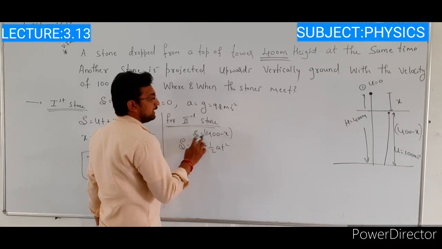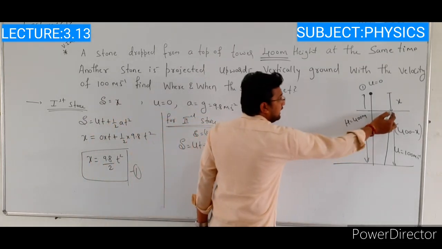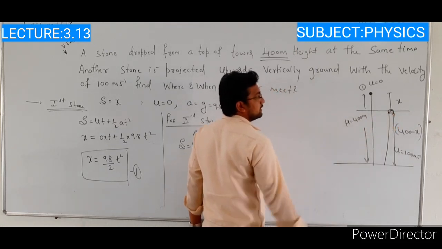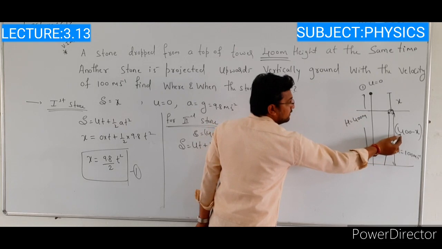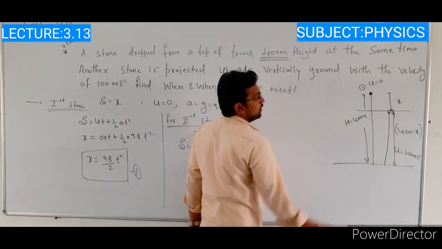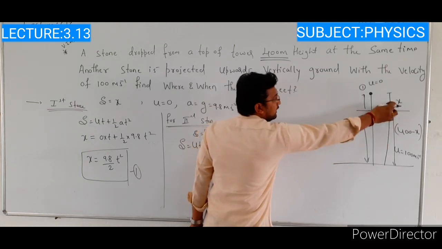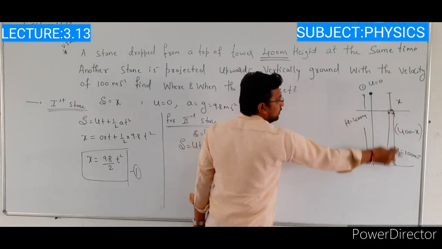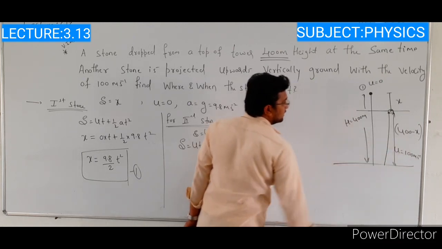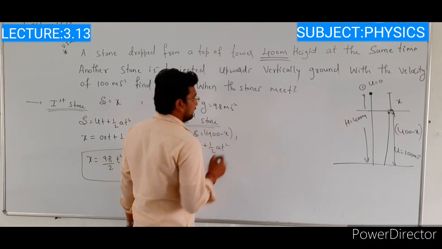Why have we taken 400 minus x here? We are assuming that both the stones meet at this position. For the first stone the value is x, so for the second stone it becomes 400 minus x, because the total height is 400 meters. We are assuming that both stones meet at distance x from the top, so the distance from this point becomes 400 minus x.